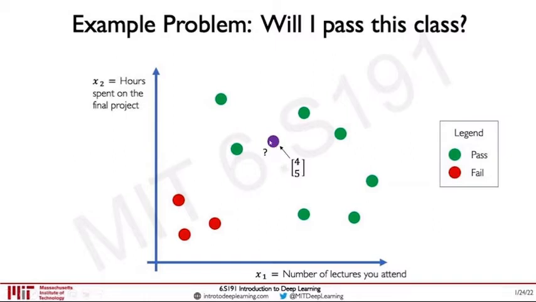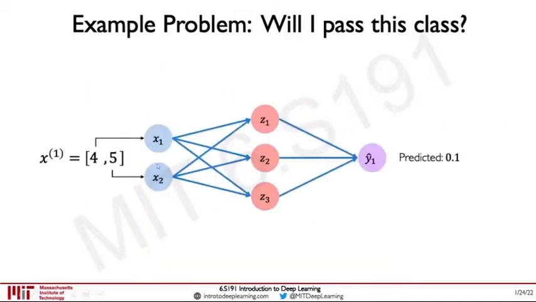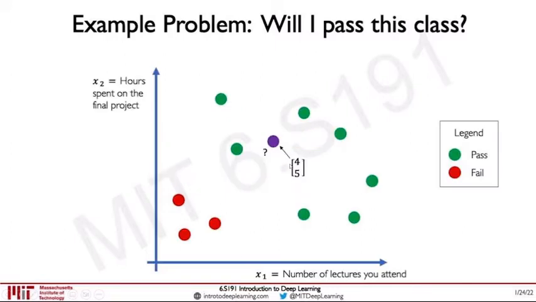That is the reason why it's not colored green or red for now, because that's the problem we're faced with. We want to predict this person based on these features. Based on the features, x1 is 4 and x2 is 5. Don't forget, x1 of 4 is the number of lectures the person attended, and 5 is the number of hours he spent on the final project. And of course, we want to see his result.